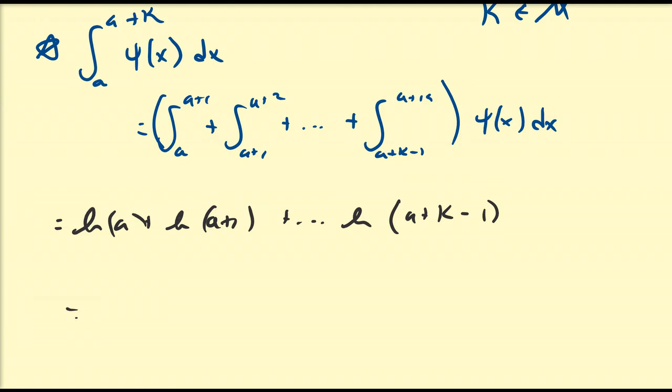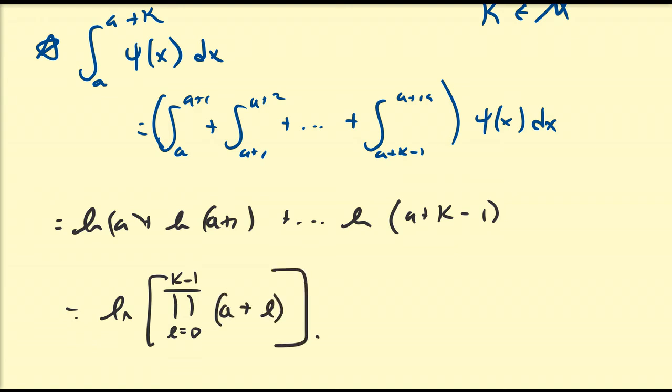So that means this is just going to be equal to the natural log of the product from, let's not do k, let's do L as our index, L equals 0 to k minus 1 of a plus L. Right? It's a very simple, compact relationship.